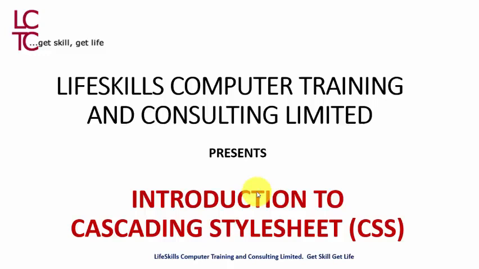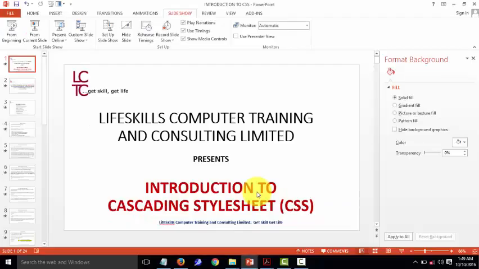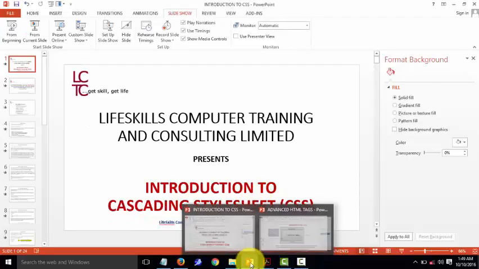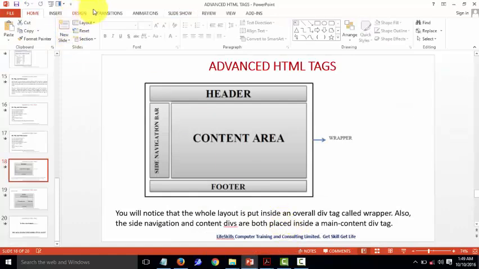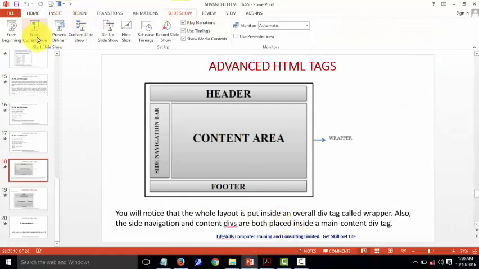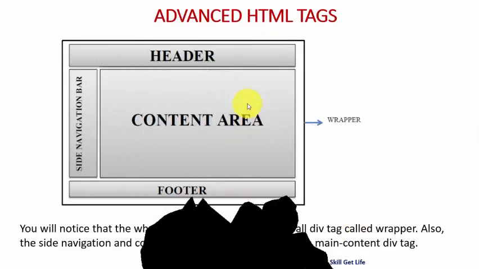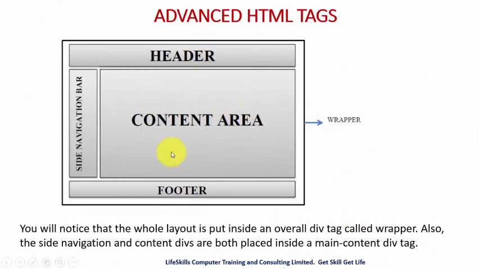In the previous topic, as a way of reminder, if I go back to my presentation, I introduced web layouts, where you can divide your web page into different sections like header, navigation menu bar, content area, and footer. And I said you can achieve that by using div tag.